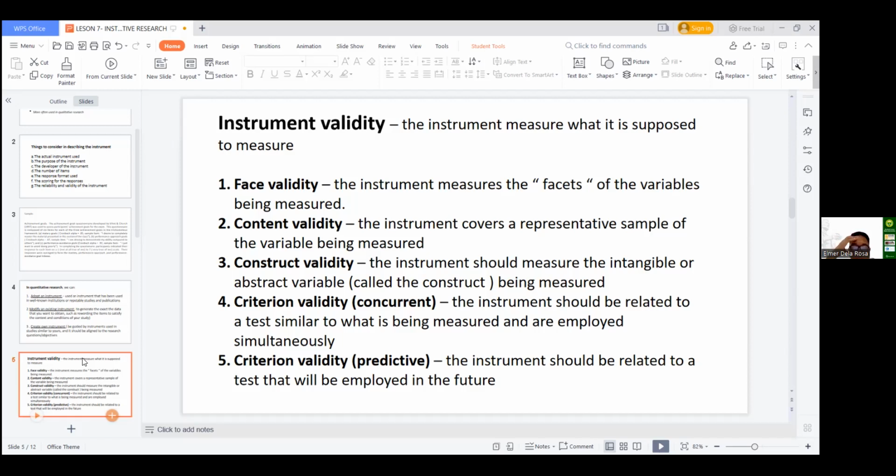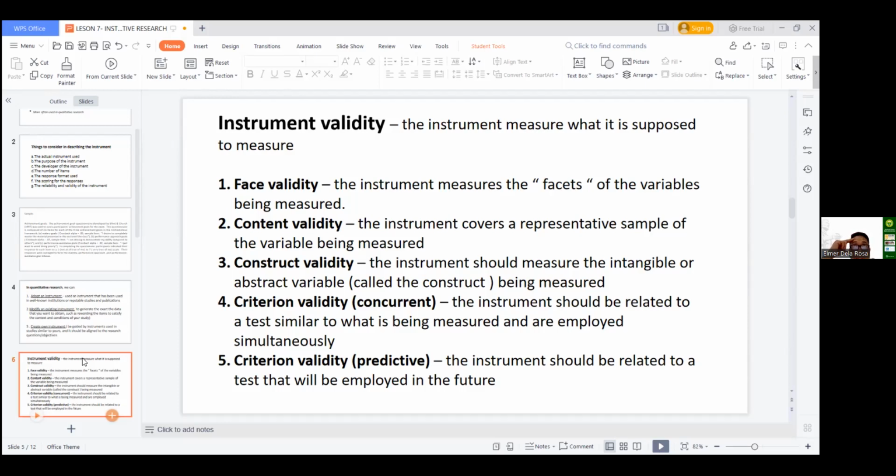It's an abstract variable. So construct validation is used when you want to test whether the items that you have written as something observable, when combined, will represent the something intangible or abstract variable. Okay?